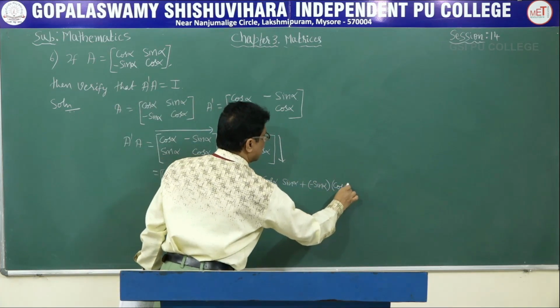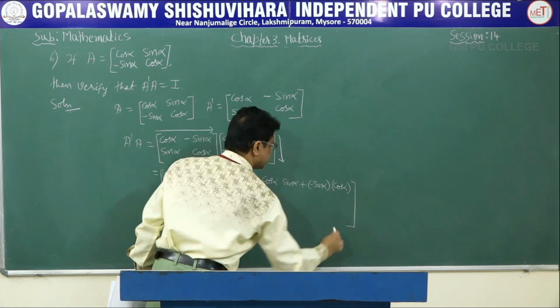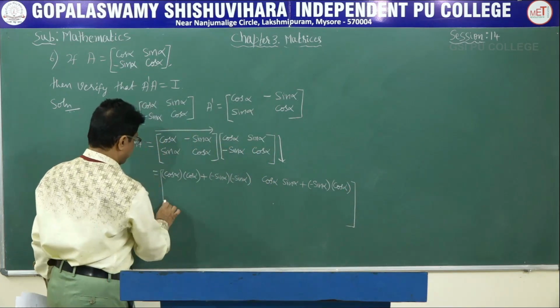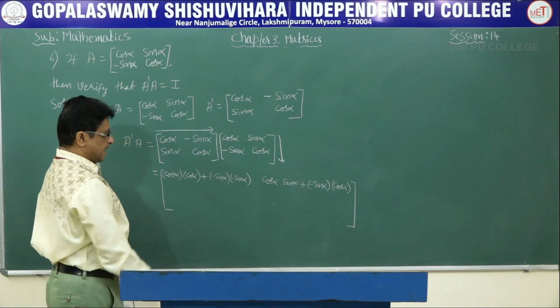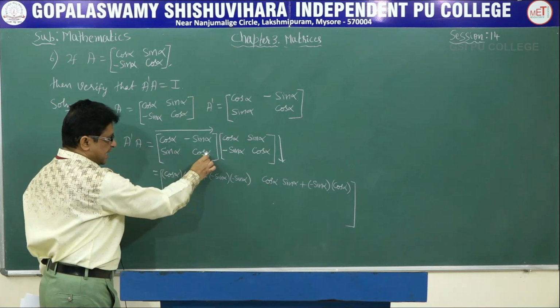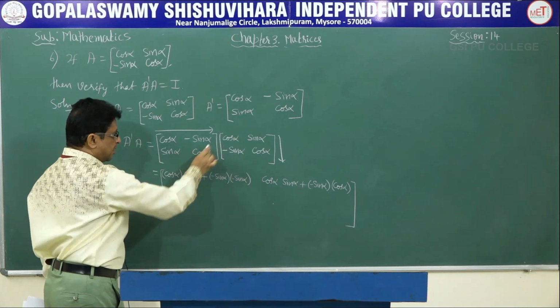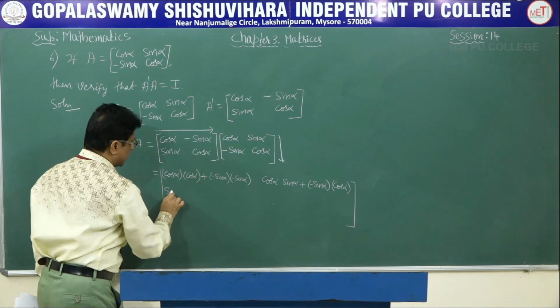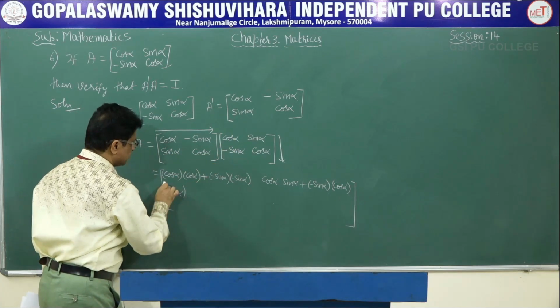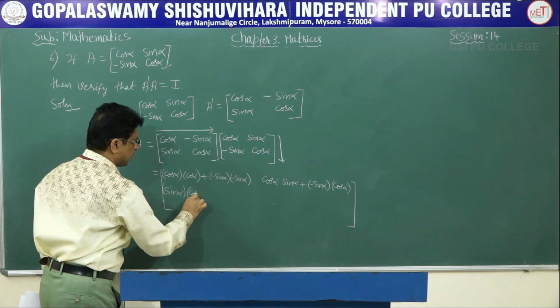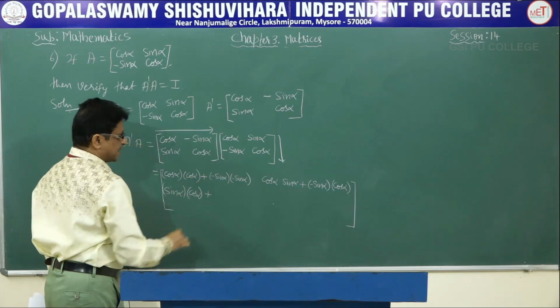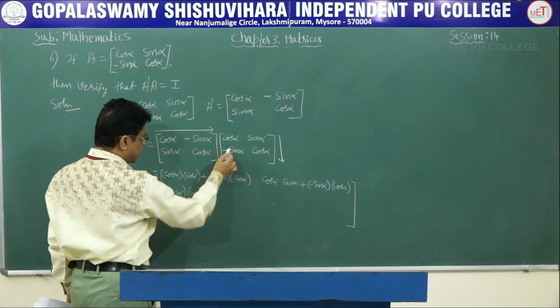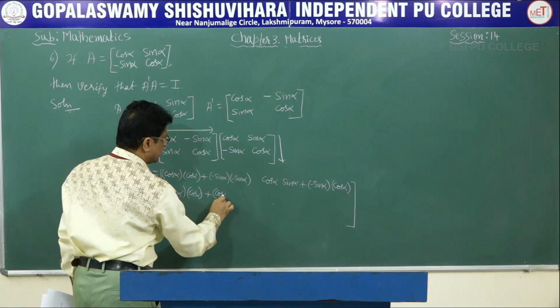Next is second row into first column: sin alpha into cos alpha plus cos alpha into minus sin alpha.